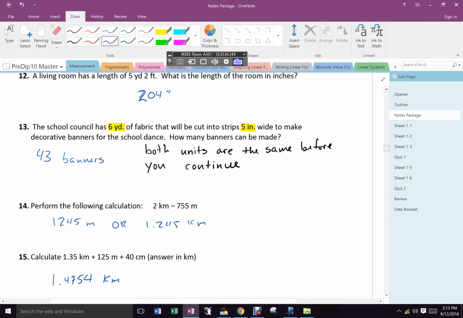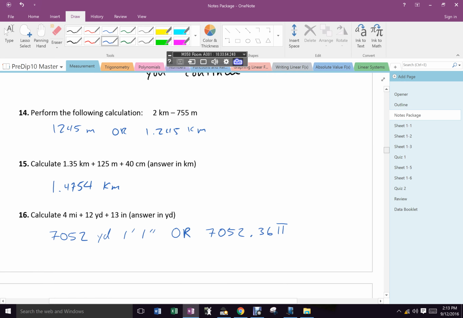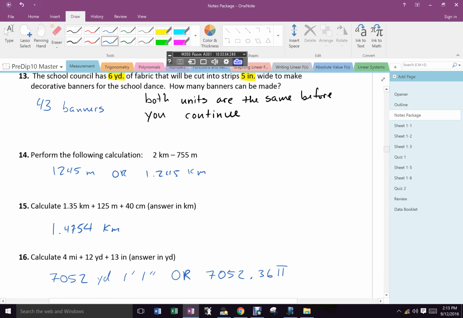Is everyone okay with 11 to 16? 15. Yep. That's a tricky one. You got to do the same thing with the 40 centimeters, right? That one's already in kilometers. So 1.35. And then meters to kilometers is 0.125, right? Because you move it 3 spaces.